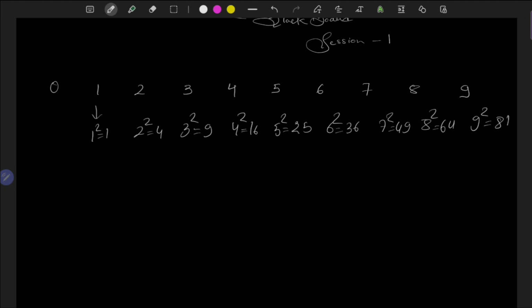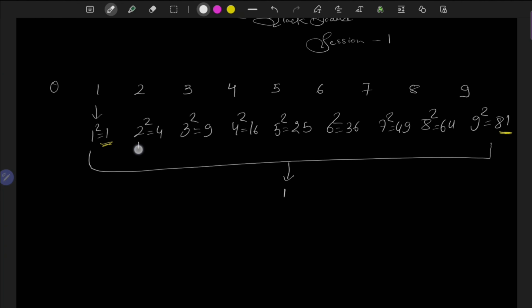So now if you check here, the square of 9 and 1, the unit place number is 1. Same way, if we see for 2 and 8, they have 4.